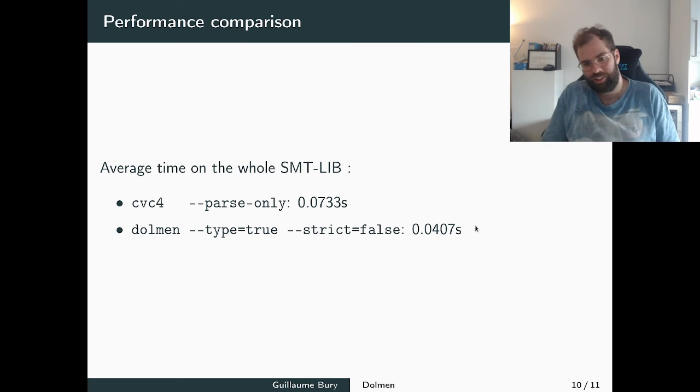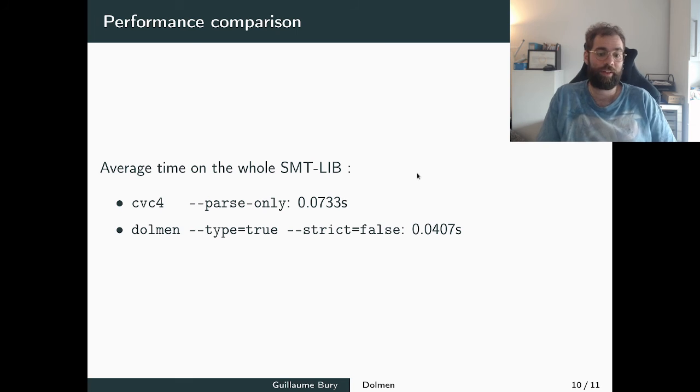So here we see that Dolmen is significantly faster than CVC4, which is good, particularly because Dolmen only checks things.